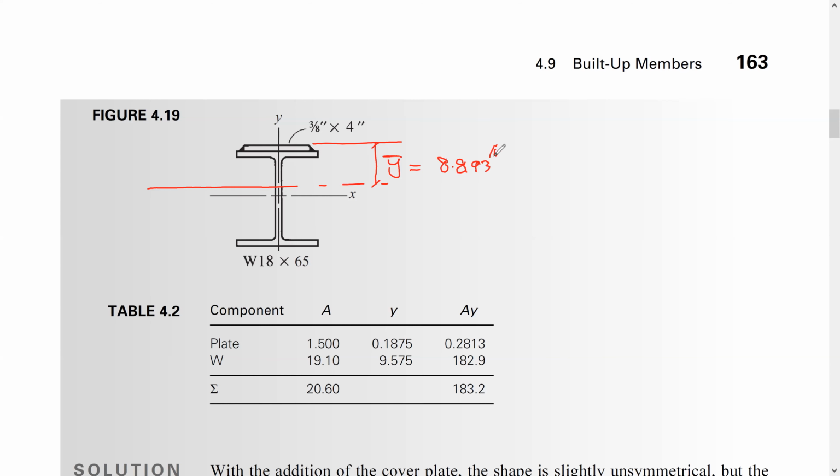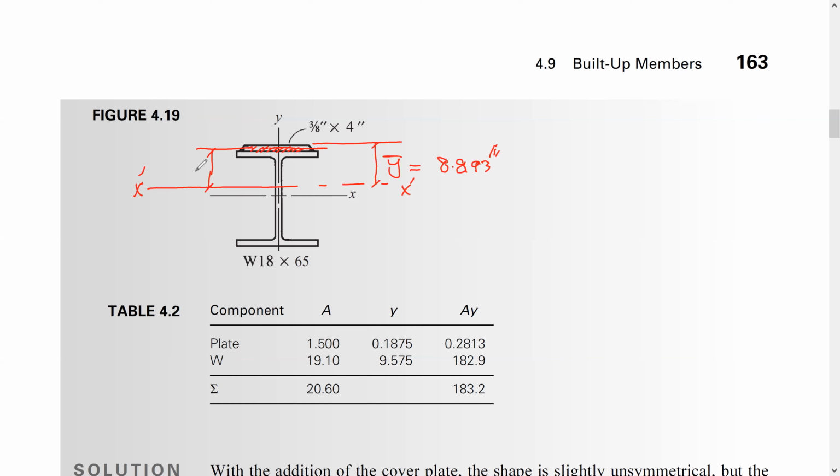So in this case, to calculate the moment of inertia about this axis, let's call it xx prime, we need to calculate the moment of inertia of the plate about its centroid, and then move it here.